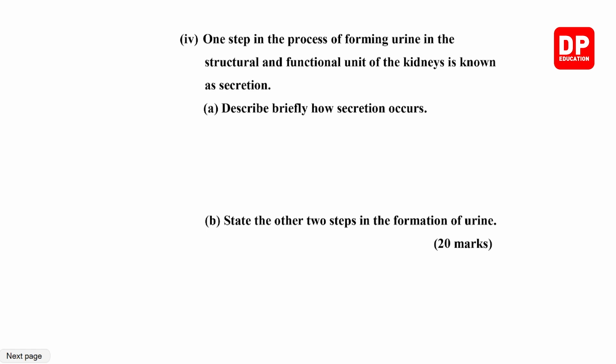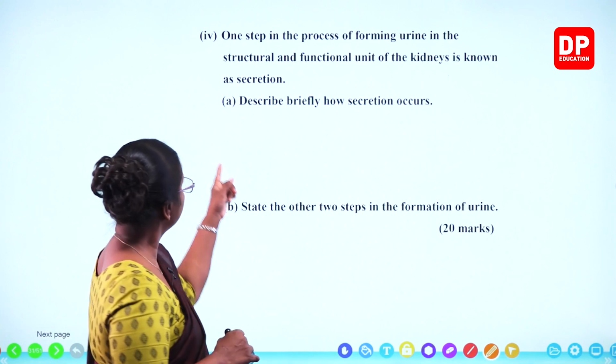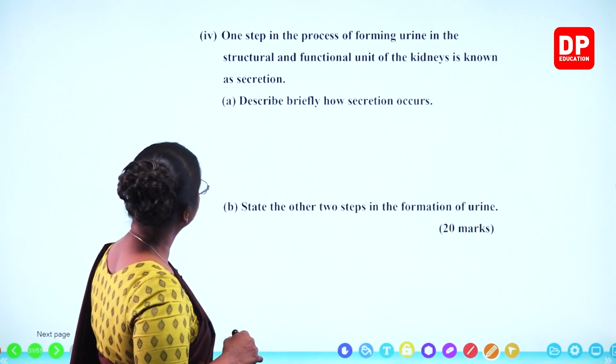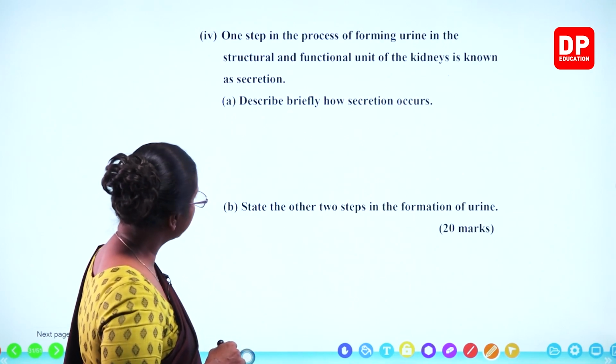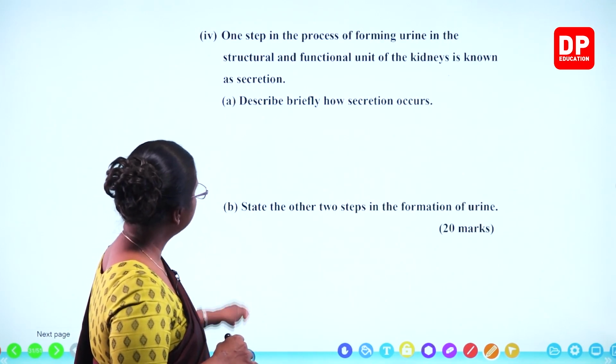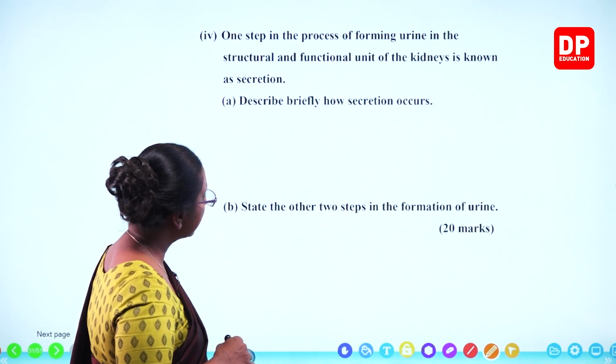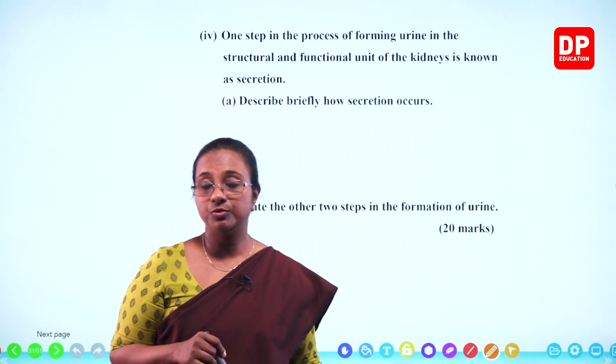One step in the process of forming urine in the structural and functional unit of the kidneys is known as secretion. A part, describe briefly how secretion occurs. And B part, state the other 2 steps in the formation of urine.